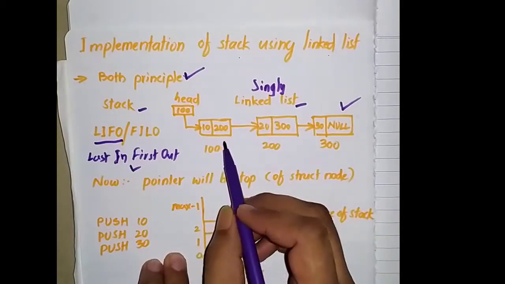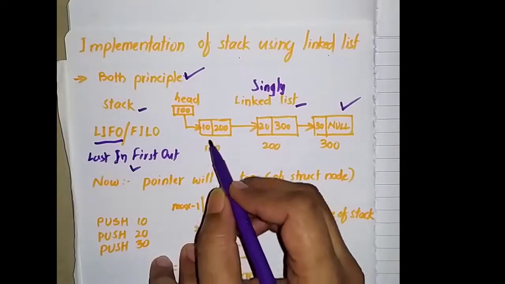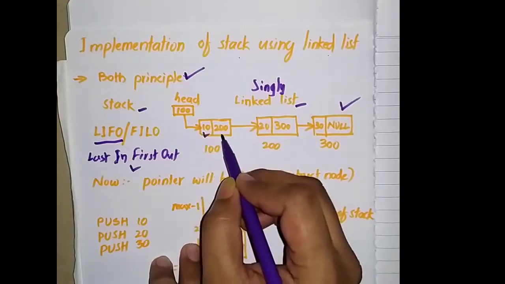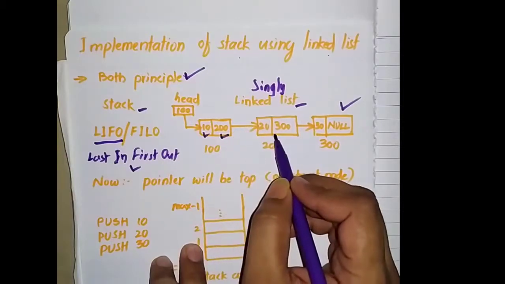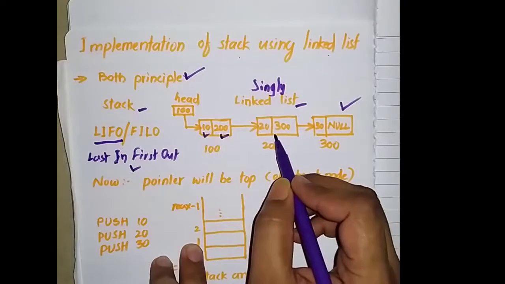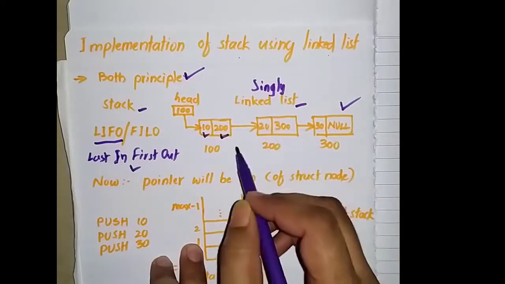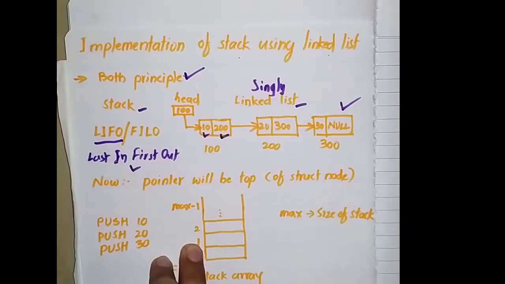Each node in the linked list has 2 parts. The first one is the data part, the other one is the address field or the pointer to the next node, which stores the address of the next node. All these basic information related to the linked list we have seen in the previous unit.